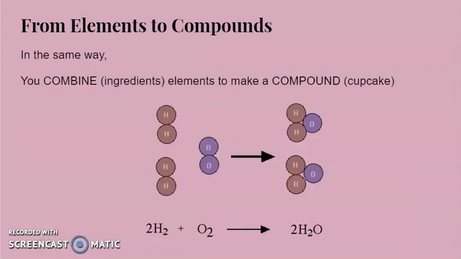So, like I said, you combine the ingredients or the elements to make a compound or cupcake. You can see here that you combine the hydrogen and the oxygen that are very different on their own, and it creates this liquid called water, H2O.